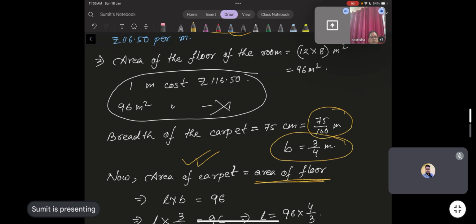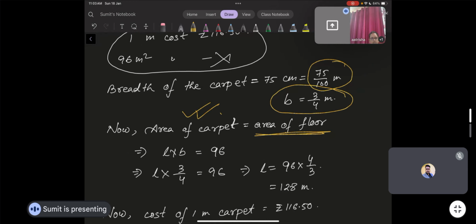How much carpet I will buy, the quantity of the carpet, that should be the area of the floor. The area of the carpet is a rectangle, so area will be length into breadth, and area of the floor is given. Over here in the carpet only the breadth is given, length is not given. So length I can find from there, that is L equals 96 into 4 by 3. If 3 by 4 goes to the other side, it will get reversed.